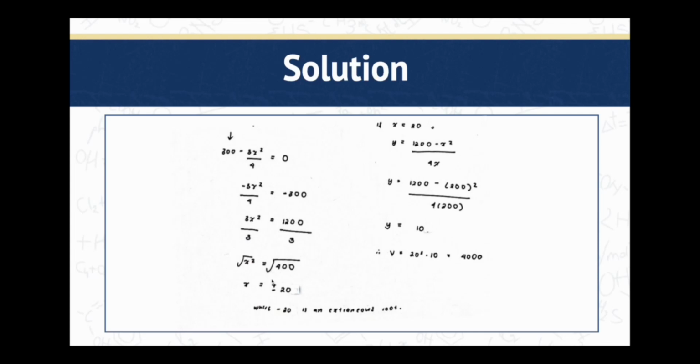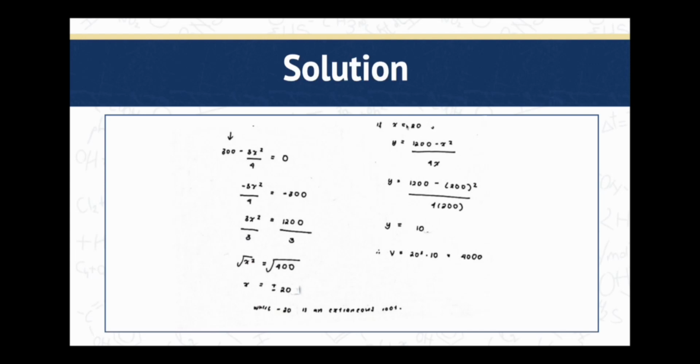Let's take the square root of both sides, and that will give us x equal to positive or negative 20. But of course, we can't have a negative measurement, so we will consider negative 20 as our extraneous root, and we will only consider positive 20.